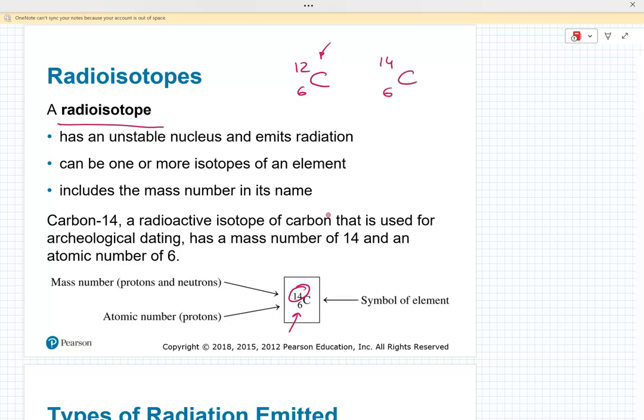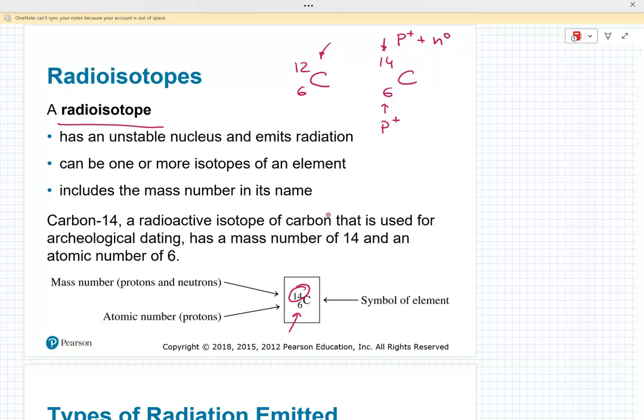Carbon-14. How many protons does it have? 6. Neutrons? 8. Because 14 minus 6 is 8. Okay? So again, atomic number is protons. Mass number is protons plus neutrons.